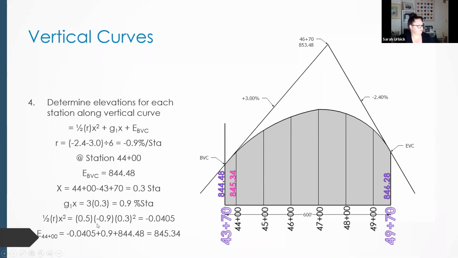So 1/2 R times x squared. That's not the right numbers there. Let's go back up here. G1 is 3, x is 6 stations. That gives us 18. A negative 16.2, a positive 18, and a positive 844.48 gives us 846.28.